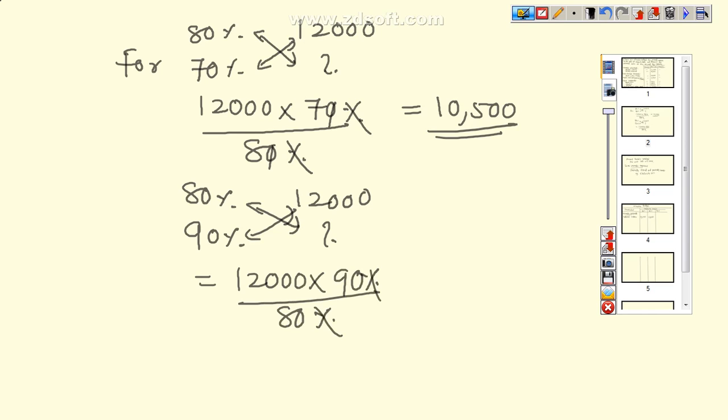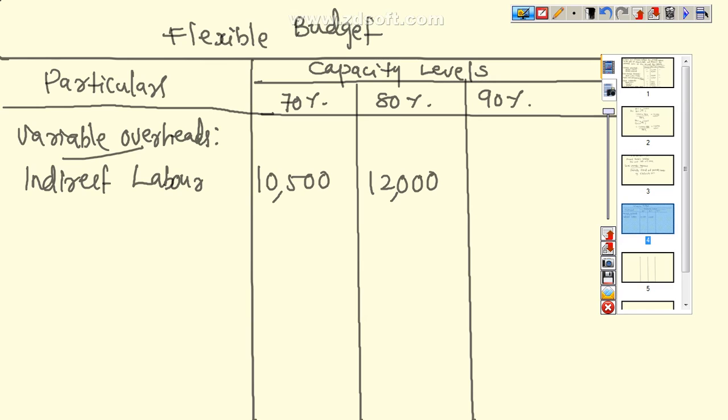Cancel the percent and 0, then that is equal to 12,000 multiplied by 9 upon 8 is equal to 13,500. So we write it in the main table.